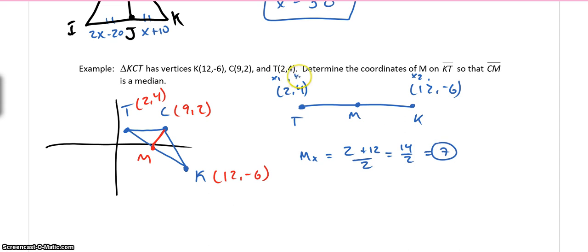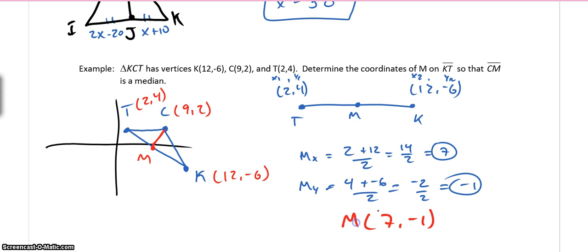And then we add my y's. So the midpoint of my y's is 4 plus negative 6 over 2, which is negative 2 over 2, which is negative 1. So the coordinates of point M are (7, -1). Alright, and that would be CM, our median. Alright, that's all I got.